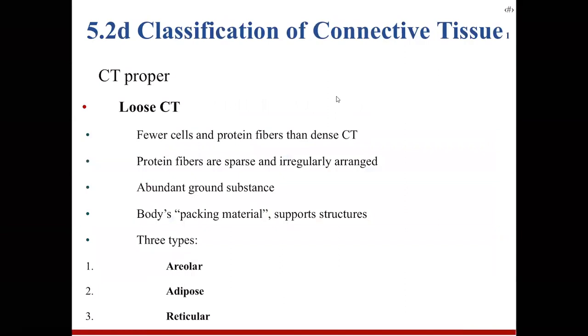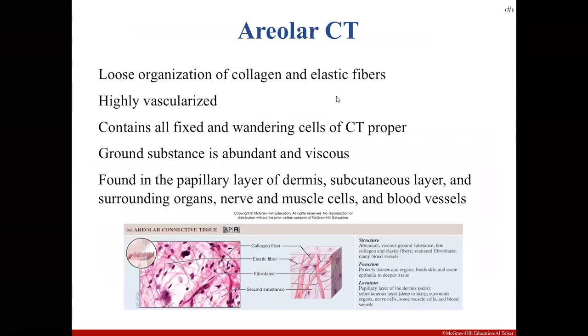So here's loose connective tissue. It's kind of fluffy. It's pretty loose. So there's A, A, R. I always remember R like a pirate. So areolar. It's got a lot of blood vessels in it. It's got lots of fiber in there. Areolar is right below the skin.